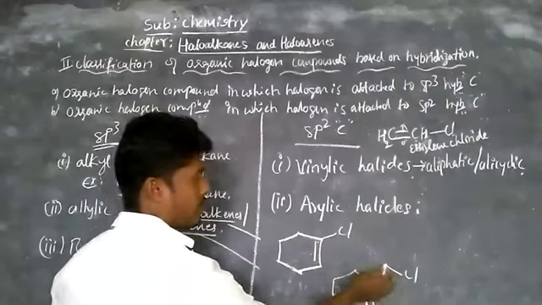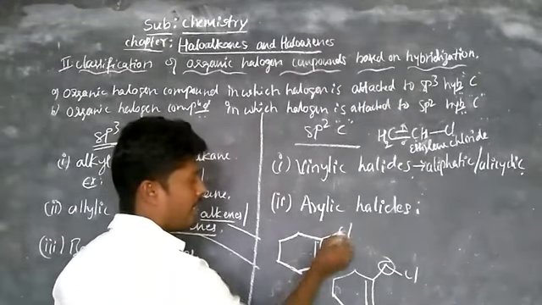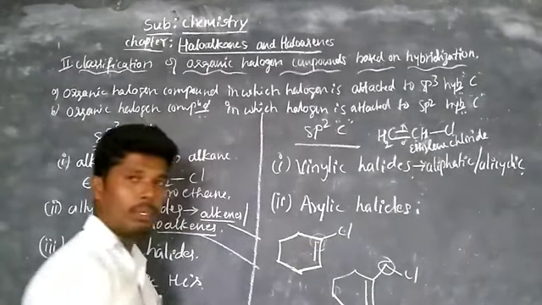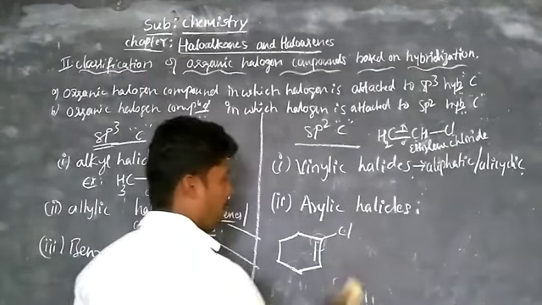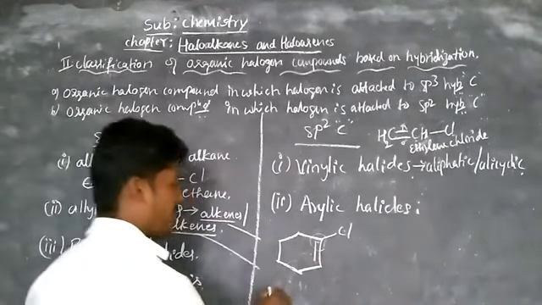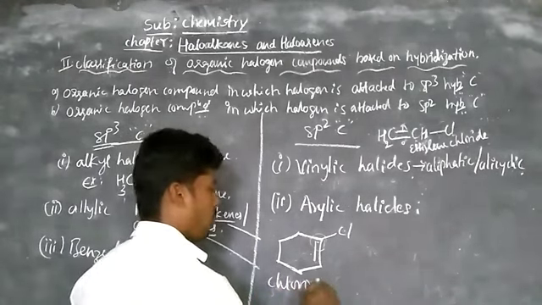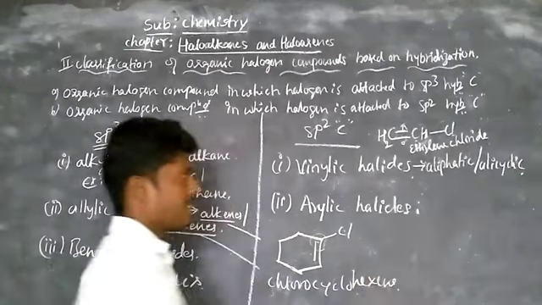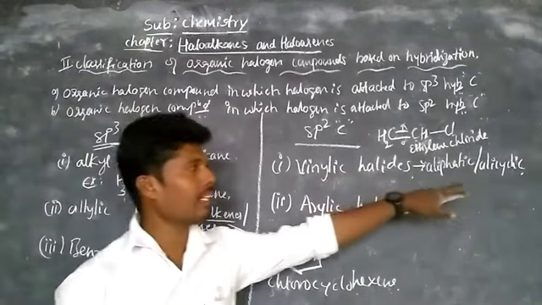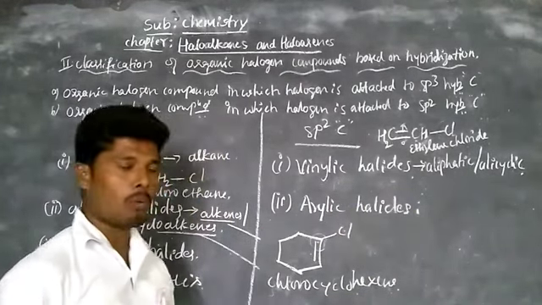Here halogen is attached to the sp3 hybridized, but here it is directly attached to the sp2. This is sp3. Okay, so this is called chlorocyclohexene. Chlorocyclohexene. This is an example for vinylic halides.